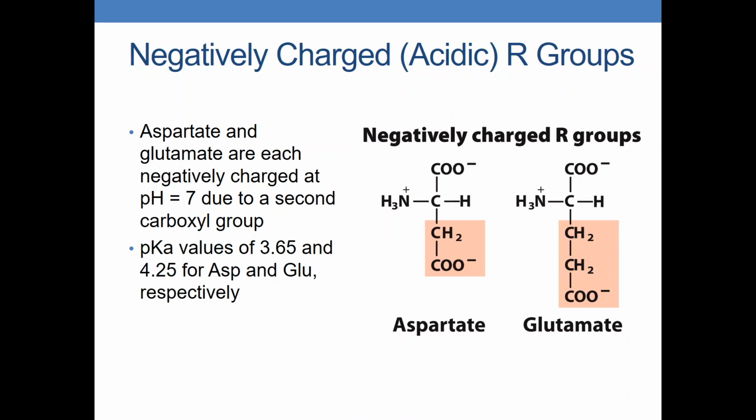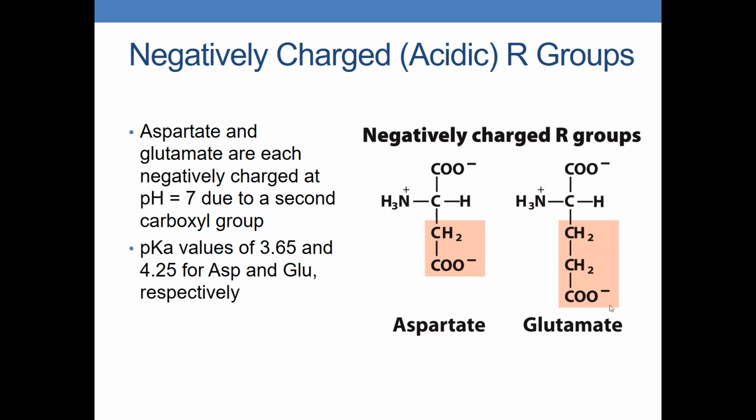I'm going to give away the punchline here. The presence of the alpha amino and alpha carboxylate groups that are directly connected to the alpha carbon is going to influence the pKa of your second carboxylic acid, whether it be in aspartate or glutamate.